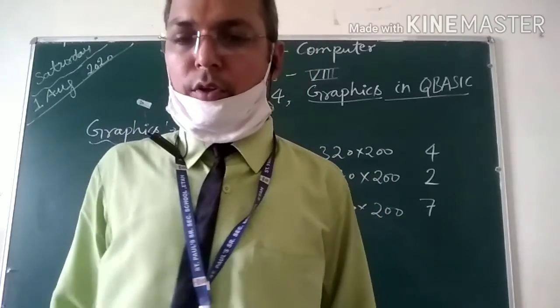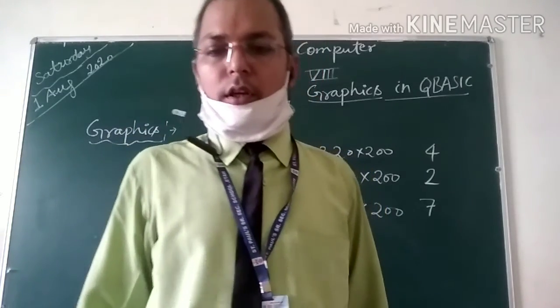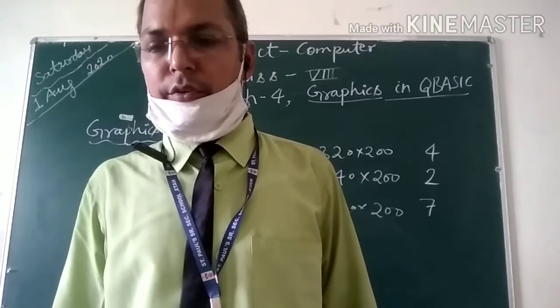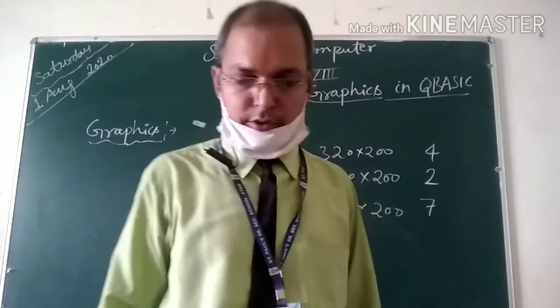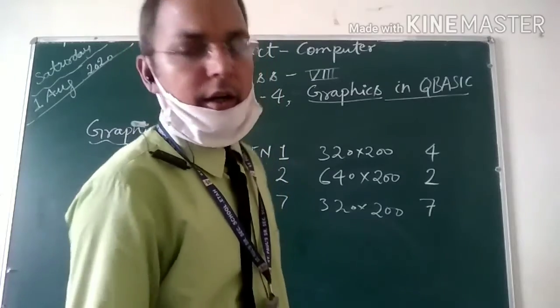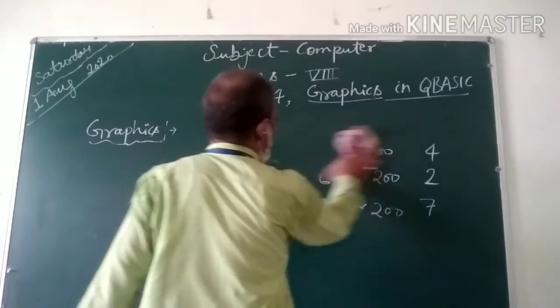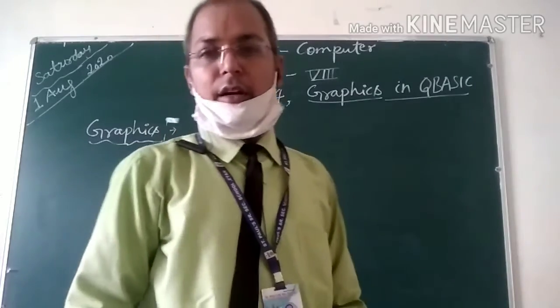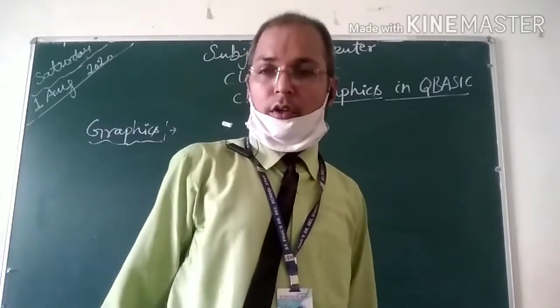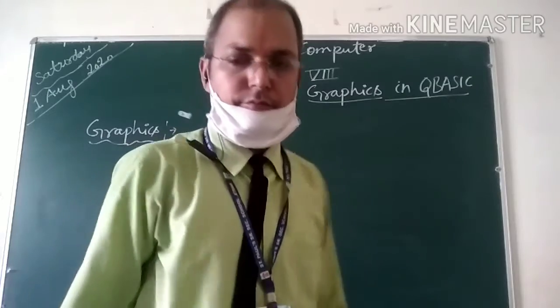In the medium resolution, the computer screen is divided into 320 horizontal and 200 vertical pixels. See Figure 4.2 on page number 45.